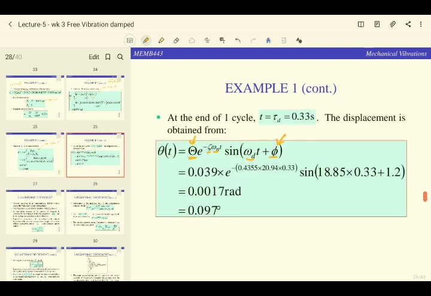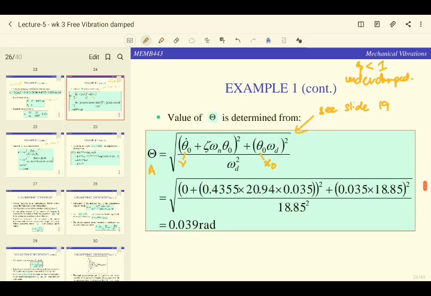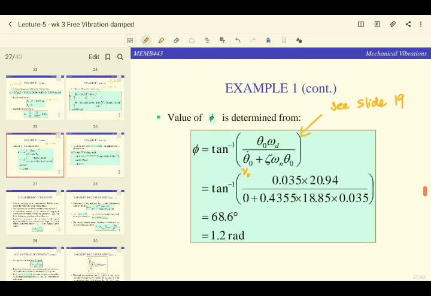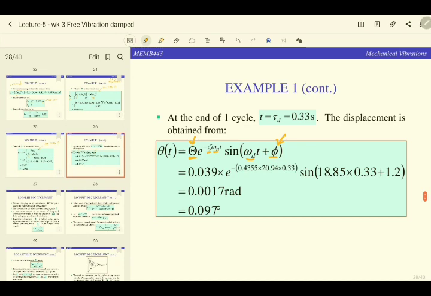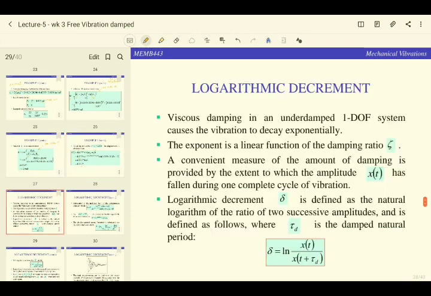Once you get your capital theta, the amplitude, and your phi, you can substitute into the equation. All the values are there, so you can get your theta t. Okay, so we're done with example 1.